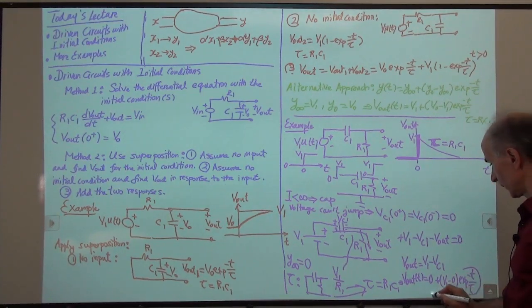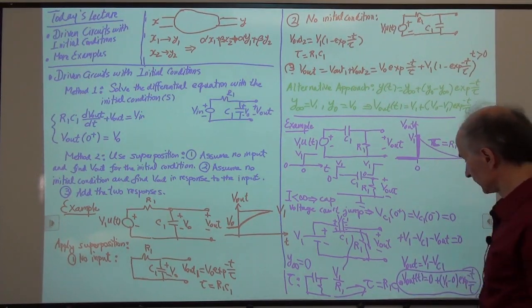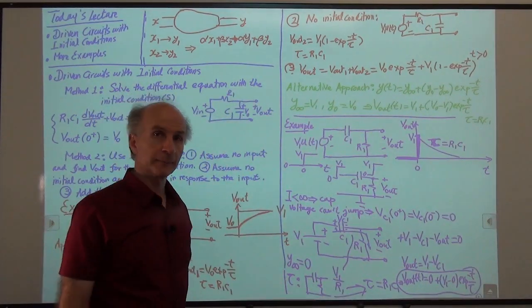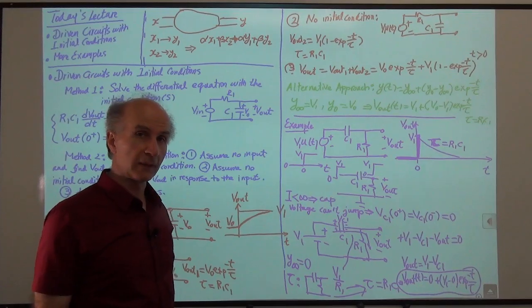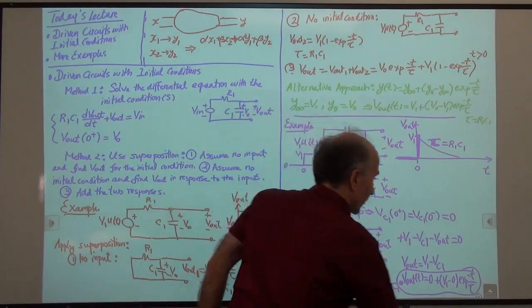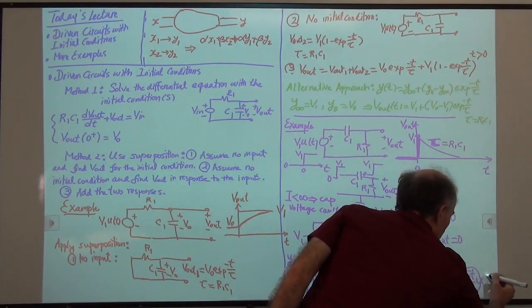So that is the voltage that we observed. Okay. Does this take a u of t? Yes, it does, because you can see that it's 0 before time 0. So we do have to multiply this by u of t.